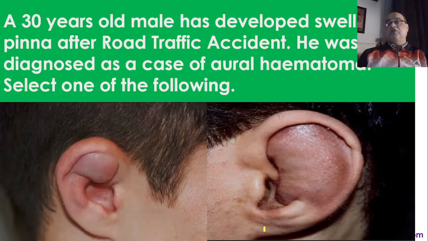So it is not involving the lobule, because lobule does not have cartilage. So up to here is the perichondrium, attached here. So the lower limit of this collection of blood is up to the pinna, excluding the lobule.